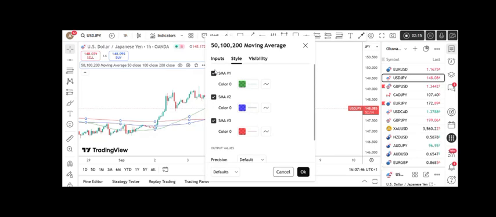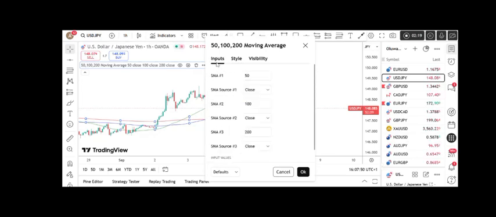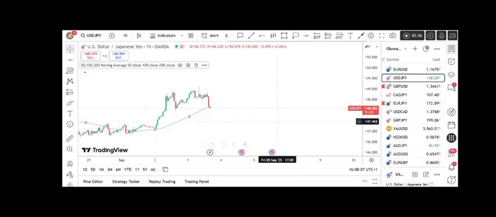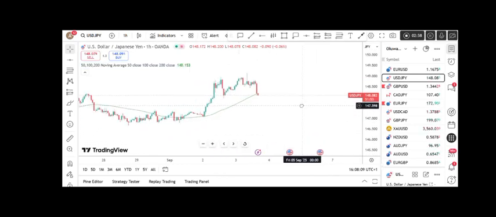I'm using an automated moving average. I will cancel all the other moving averages, which are for 100 and 200. So we are going to make use of the 50 moving average.